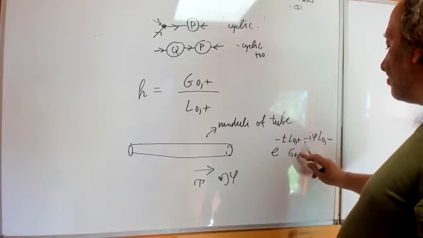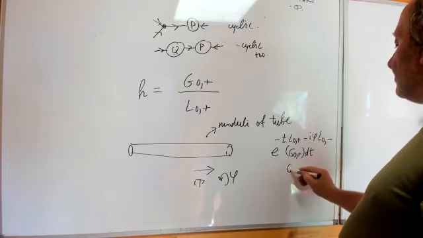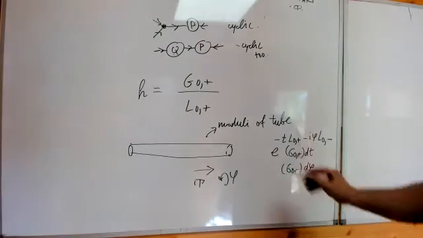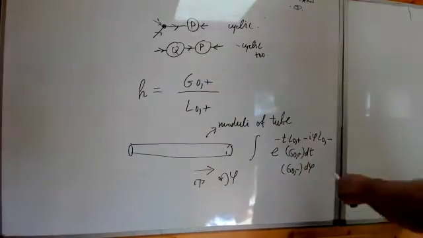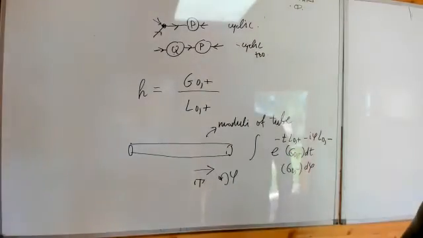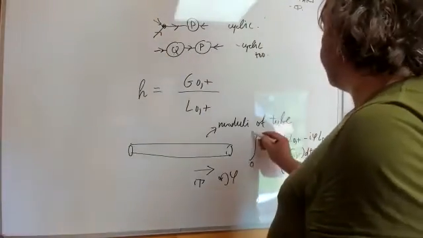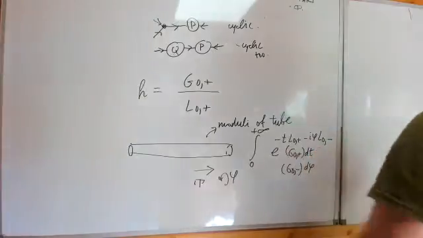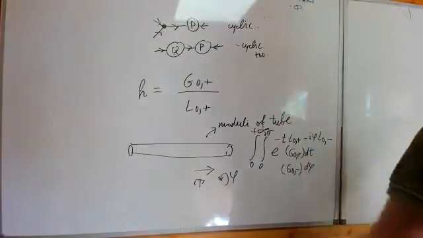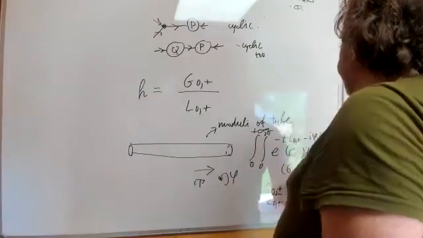So now I say G naught plus dt, G naught minus d phi. So when I integrate over phi, I get invariant states. When I integrate over t, I get exactly G naught plus over L naught plus.